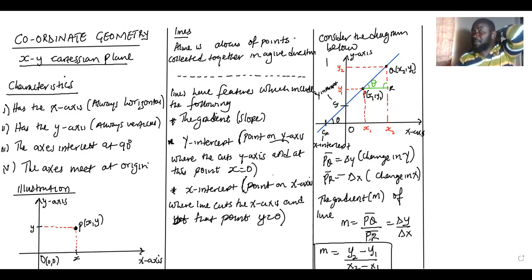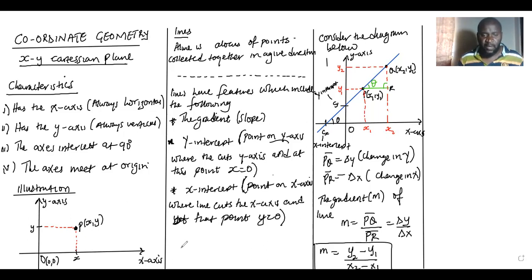One can say X1 minus X2, then Y1 minus Y2, as long as there is consistency. If you've considered P first, then you're subtracting coordinates of P, take off those of Q. If you're using Q first, then use the coordinates of Q, take off those of P. Consistency is required.